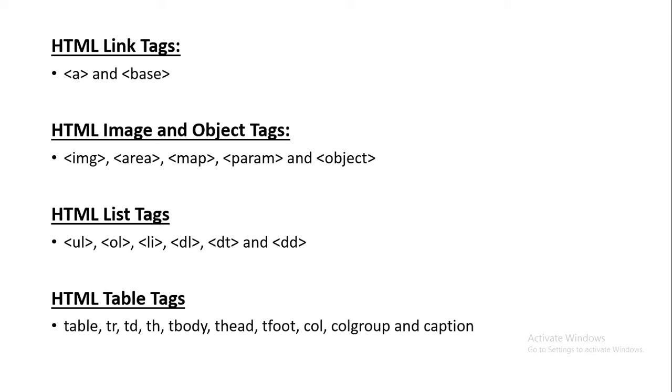Table tags we can use in order to create a table, right? A table has rows, columns, header, body, head, and foot. We will discuss it in the next tutorial, where we will start with tag examples.